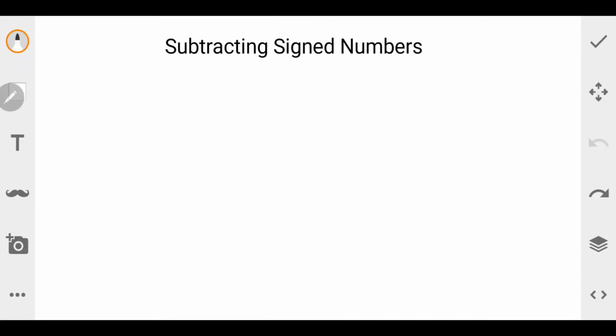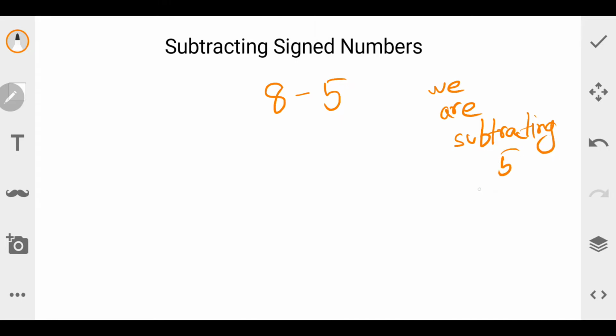Hey everyone, so let's talk about subtracting signed numbers. I'm going to start with the problem. So what do you see here? If you notice, we are subtracting 5 from 8, right?